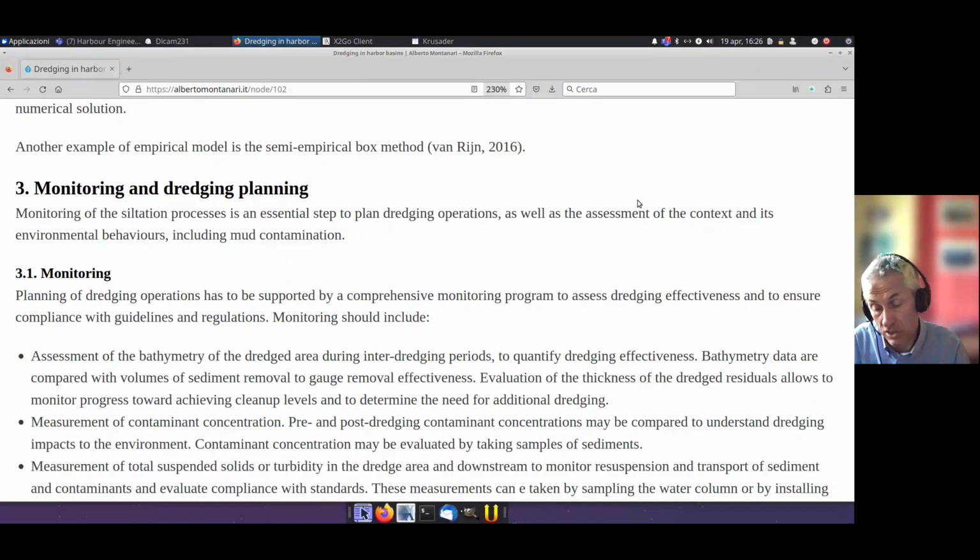When we dredge, there is this side effect that the sediments are resuspended, and this is a problem for the environmental quality of the bay, and also for the environmental quality of the ocean outside the bay, because dredging increases the concentration of sediments during dredging operations inside the basin, and therefore you also have an increase of concentration of sediments outside the basin.